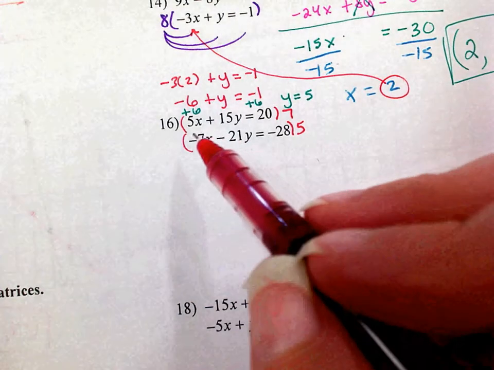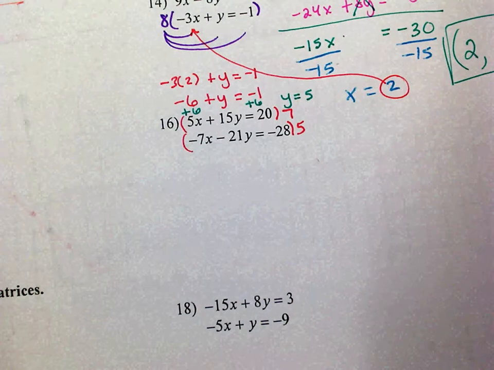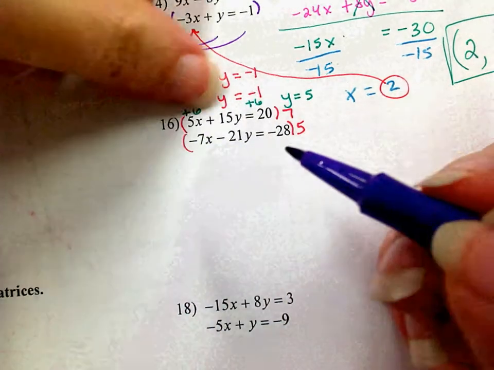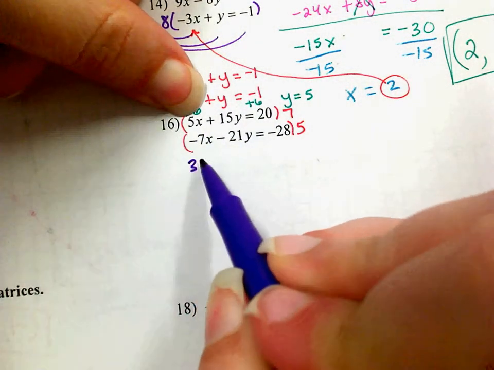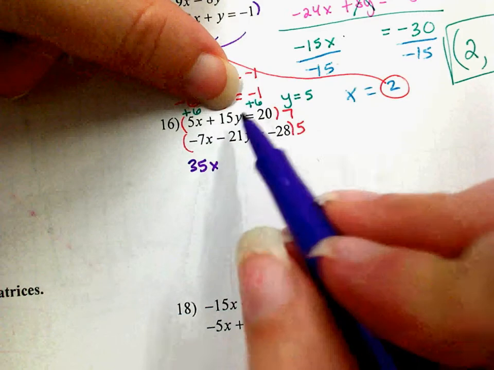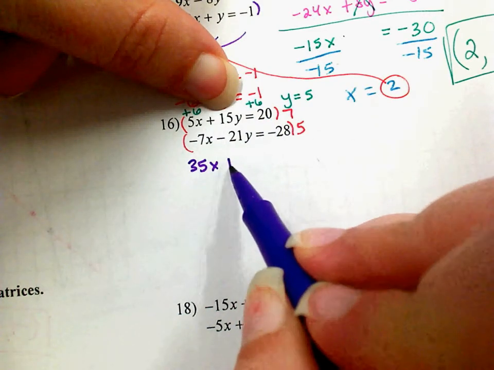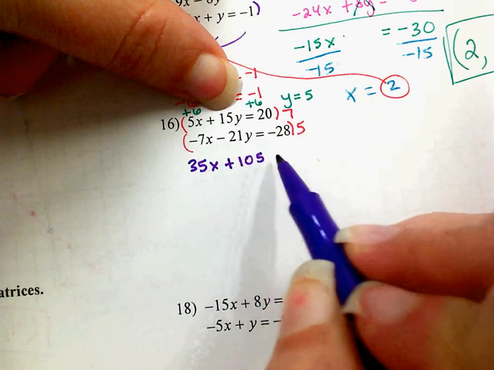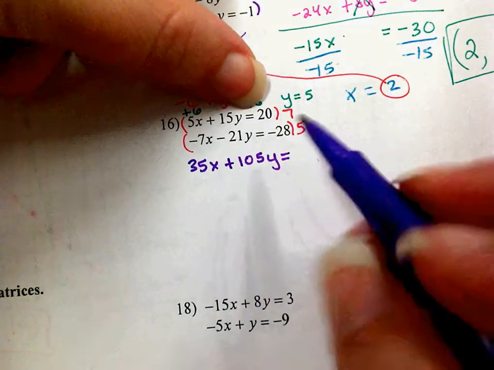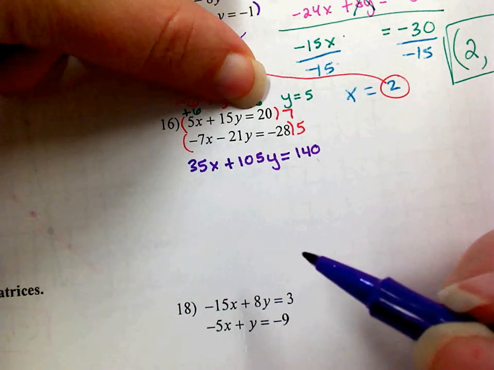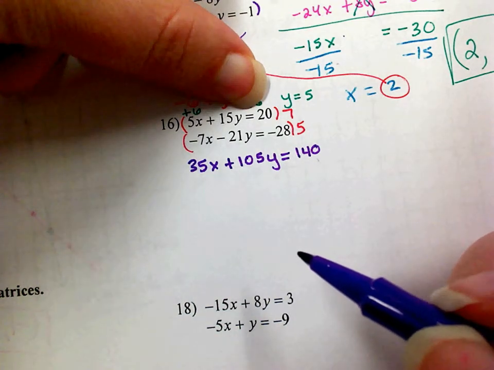Okay, so what is 7 times 5? What's 7 times 15? What's 7 times 20? Okay, so I did the first equation. Now I'm going to multiply the second equation by what? By 5.